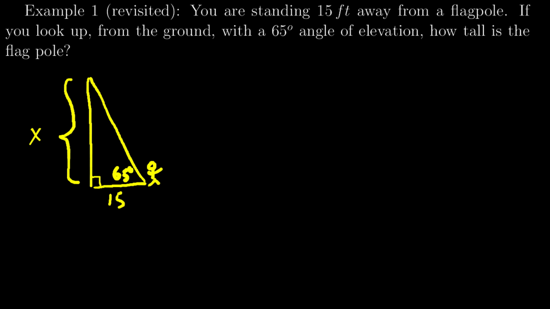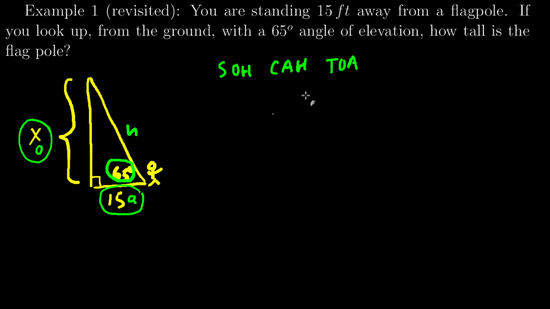Now I can set up my right triangle and my trig equation. I notice I have my angle. Here's the hypotenuse, there's the opposite side, there's the adjacent side. So when I try SOH CAH TOA, I look for the one that has the O and the A. That would be TOA. I will write tangent of 65 degrees is equal to x over 15.